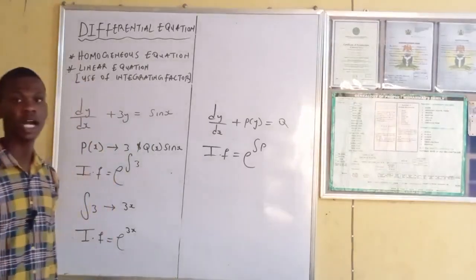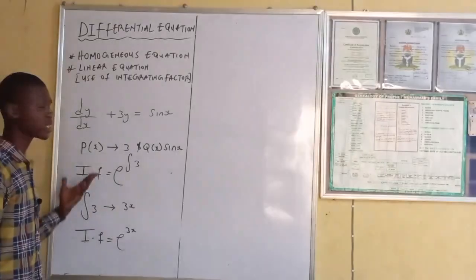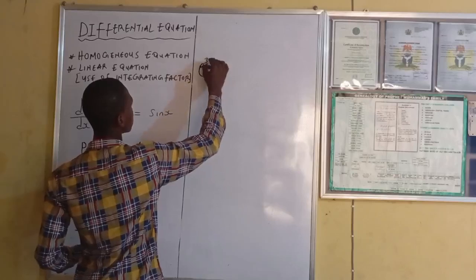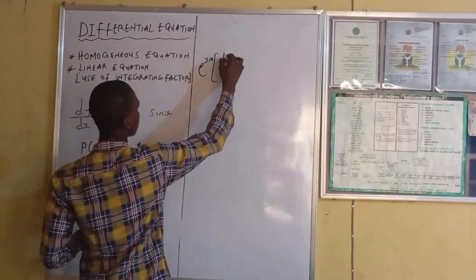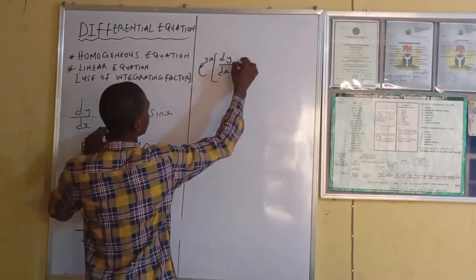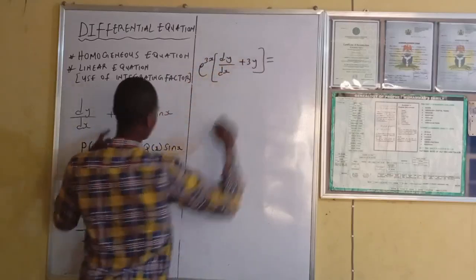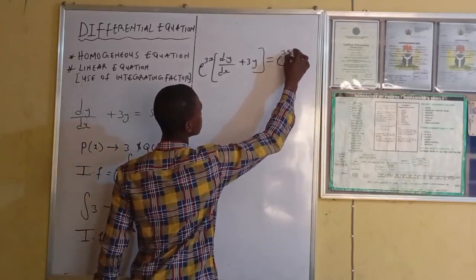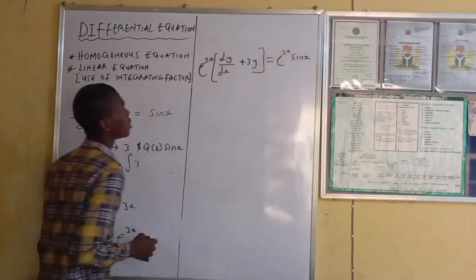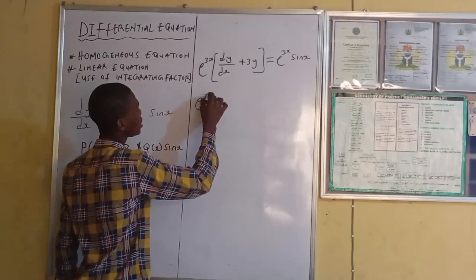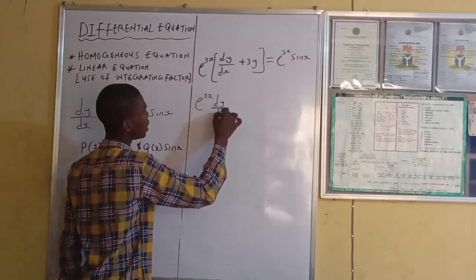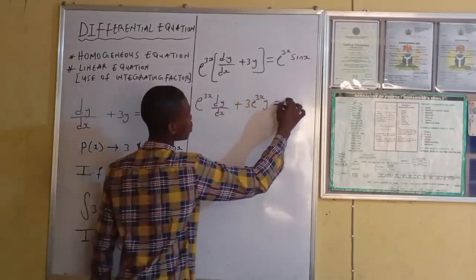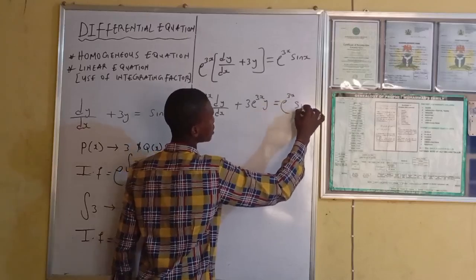Multiplying the left hand side by the integrating factor: exponential 3x open bracket dy over dx plus 3y equals, multiplying the right hand side, exponential 3x sine x. Open your bracket: exponential 3x dy over dx plus 3 exponential 3x y equals exponential 3x sine x.